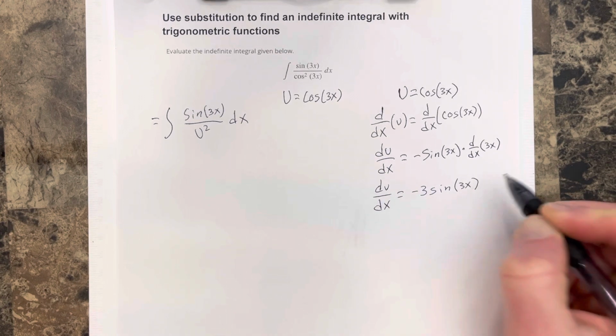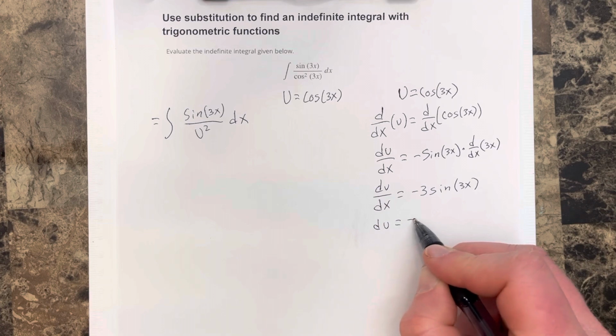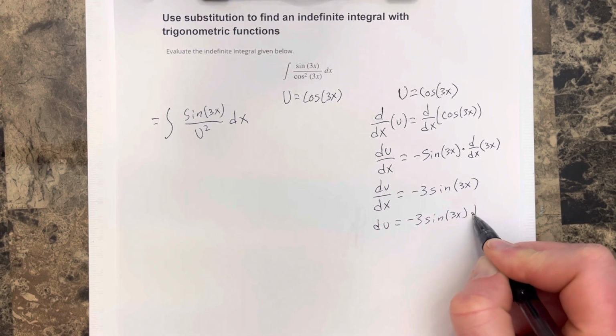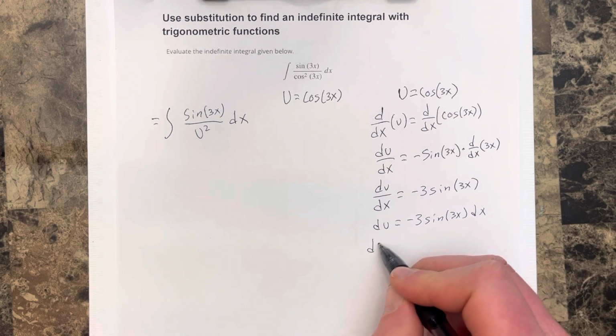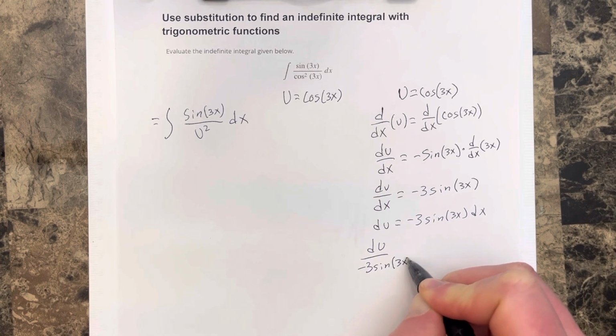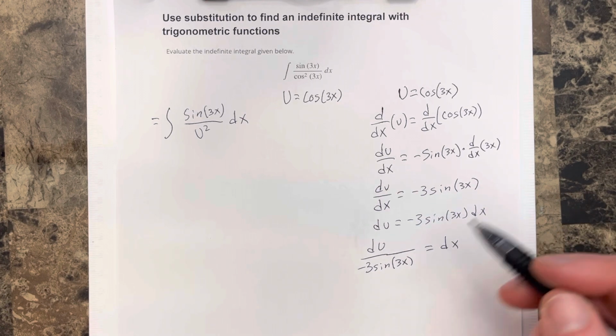3x. Now it's multiplied by dx on each side, so I get du equals negative 3 sine 3x dx. Divide by negative 3 sine 3x, so we get du over negative 3 sine of 3x is equal to dx. Then let's resubstitute this in.